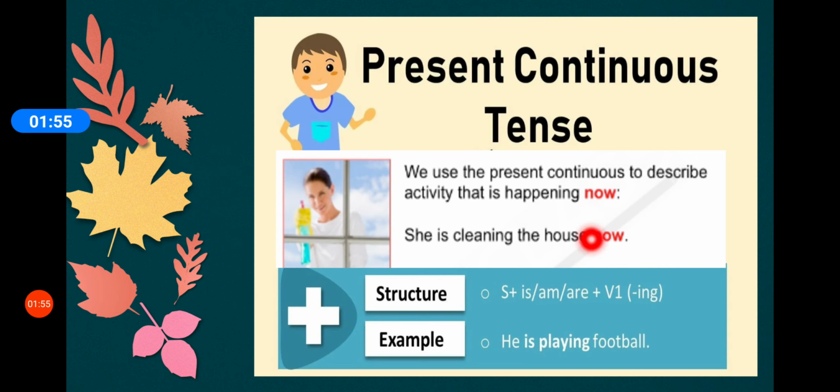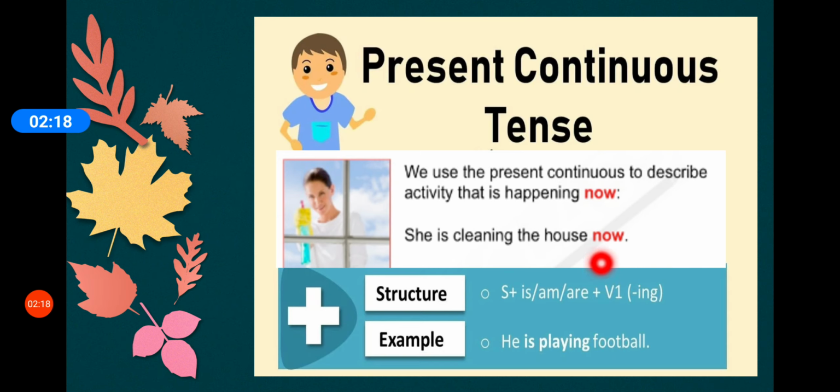For example, she is cleaning the house now. That means right now at the time the speaker is speaking this sentence, the lady, she is cleaning the house. We can see in this picture, she is cleaning the house now.